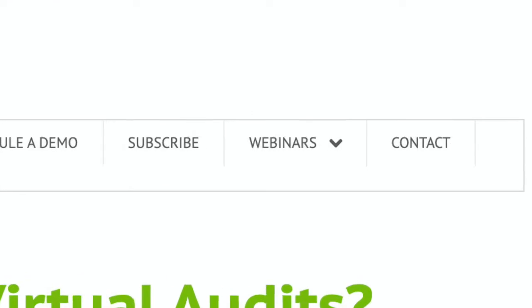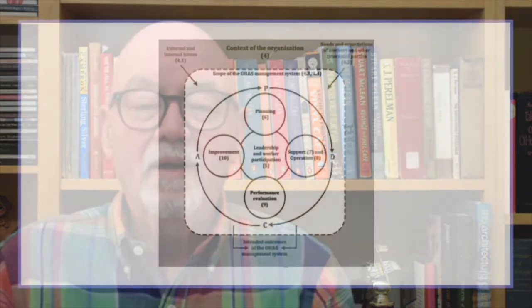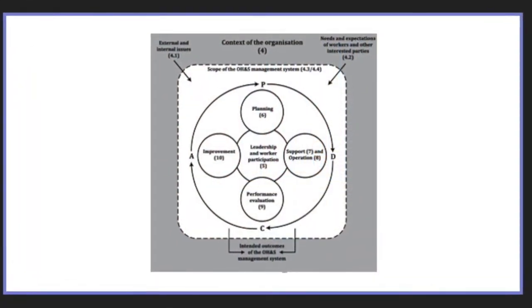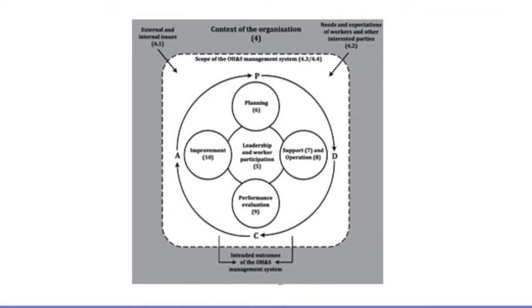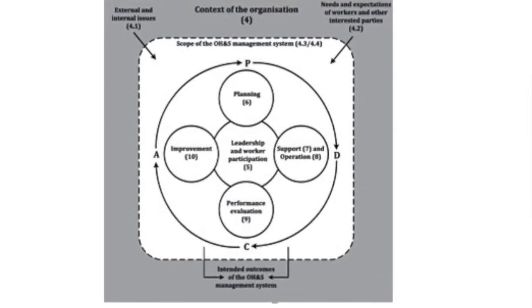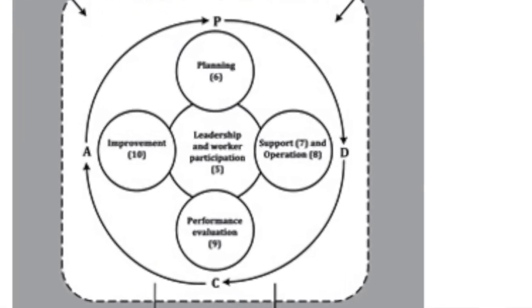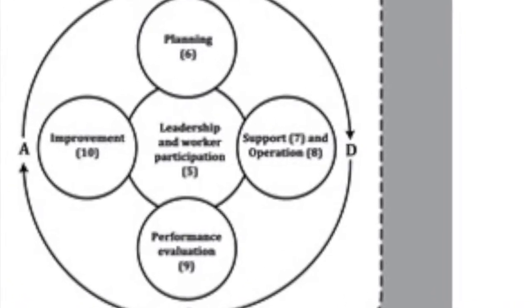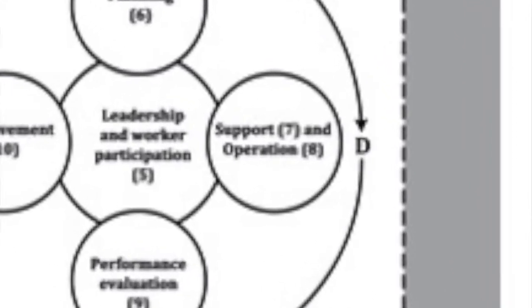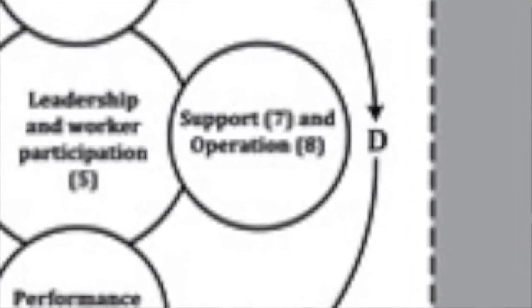You'll find that the structure here is the same as all of the high-level structures. See in this diagram right here that the support and operations are together in the bubble on the right-hand side under the do. It's just like the other high-level standards. It has all the same headings, but some different applications in varying degrees throughout the standard.